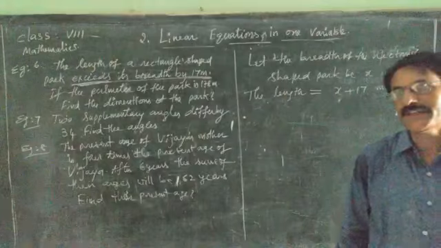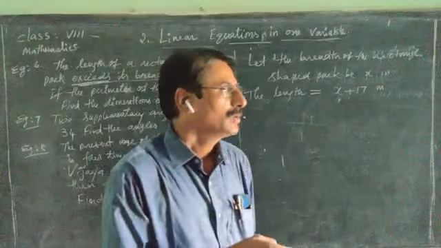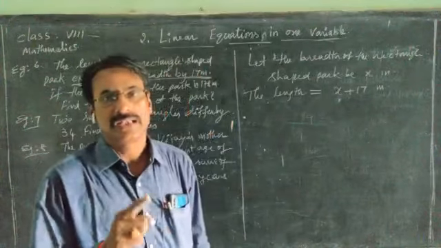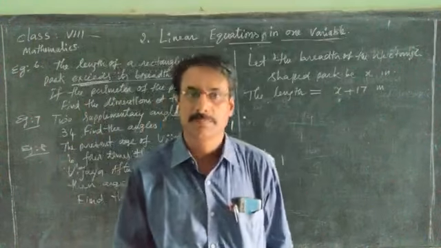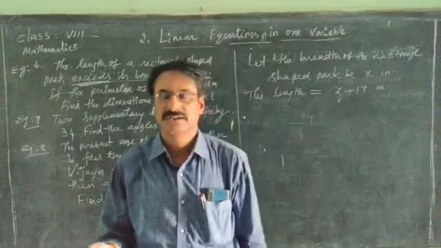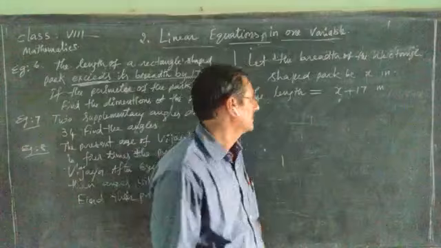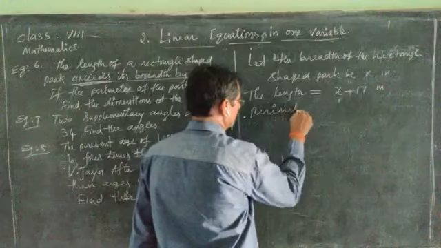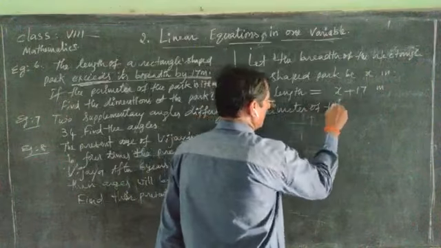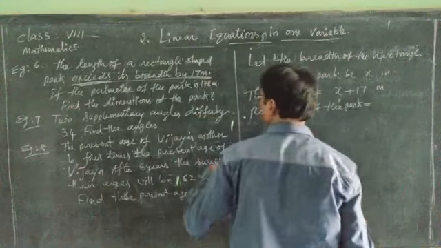What is the perimeter of the rectangular shaped park? 2 into length plus breadth. Simply we say 2 into L plus B. L is nothing but length, B is nothing but breadth. So the perimeter of the park equals, how much?